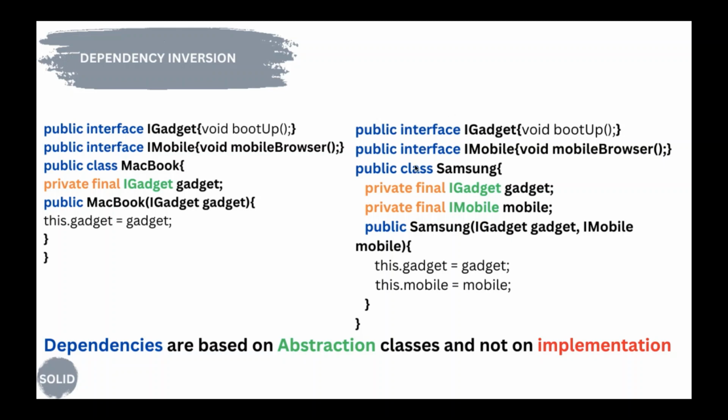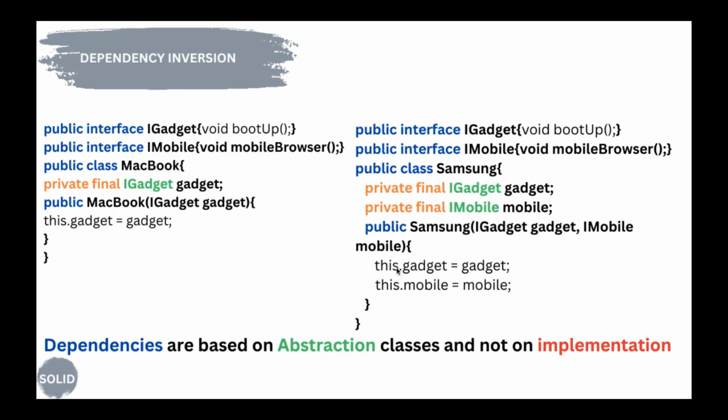So on this one we have iGadget and iMobile. Also on Samsung we have a gadget as well and mobile. So on the gadget I can pass in Samsung, or I can pass in iPhone, and then on the mobile front I would want to have a new mobile, which is essentially my iPhone or Samsung, that will then have a mobile browser and the features of what a mobile has.